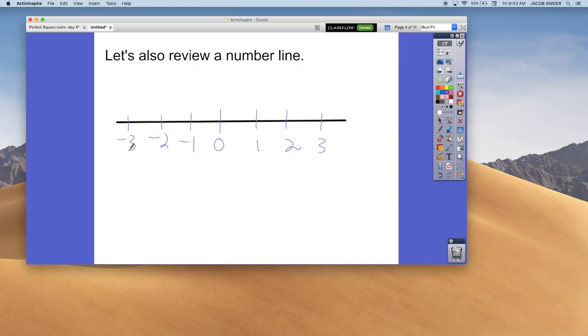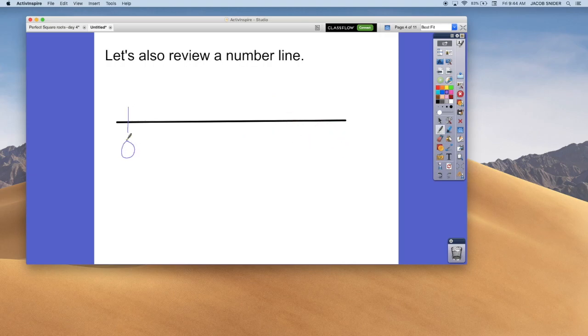That's a number line that we're used to seeing. Now I want to zoom in between 0 and 1. Watch what happens. I'm going to zoom in and make that a whole lot bigger.